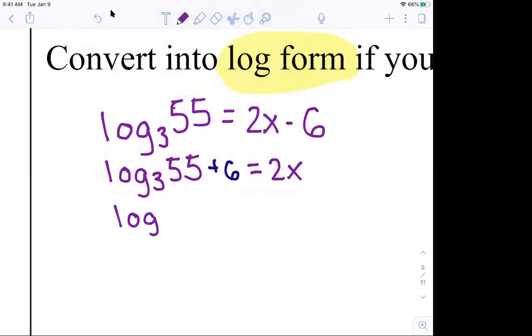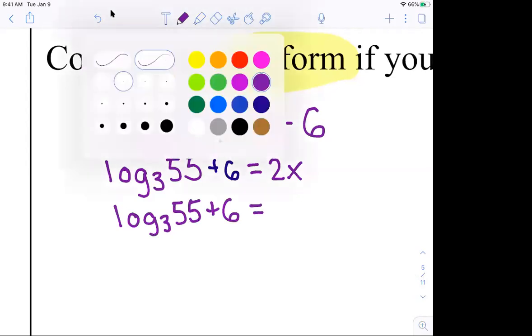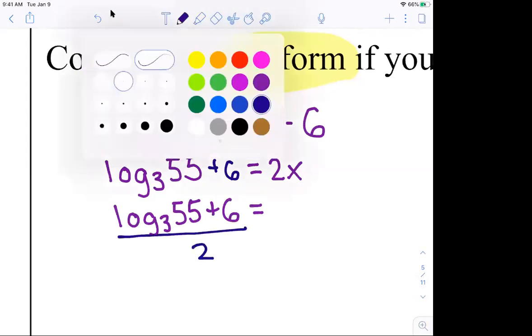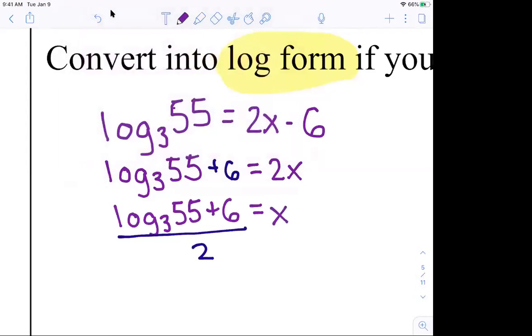So log base 3 of 55 plus 6, and I'm going to divide by 2. So that's going to leave me with just an x. Okay, so you're just solving for x.